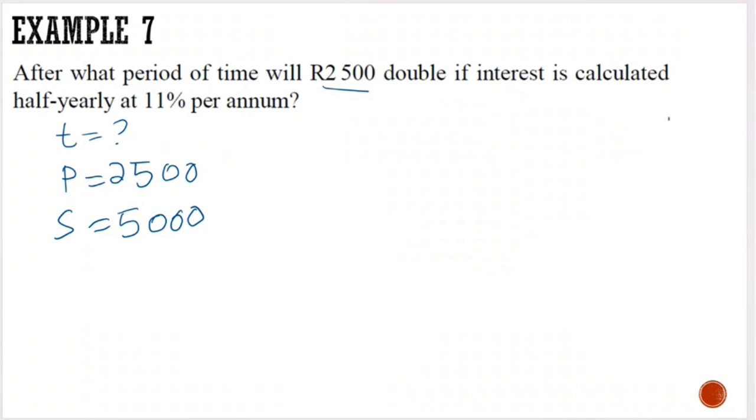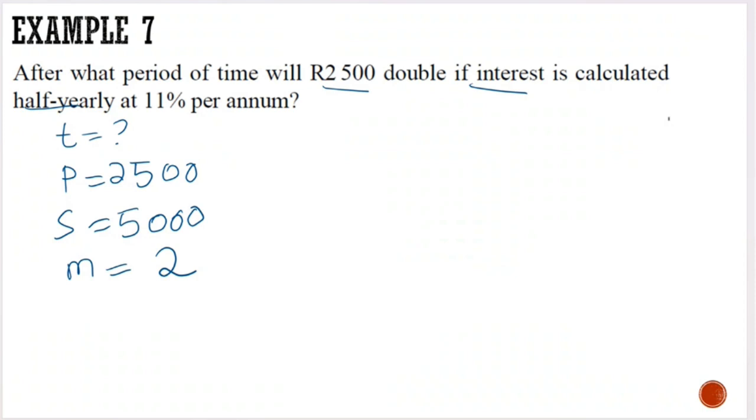If the interest is calculated half yearly, it is compounding half yearly. That means it is compounding semi-annually, twice. That's what half yearly means. If it started in January, then January until June is a half.